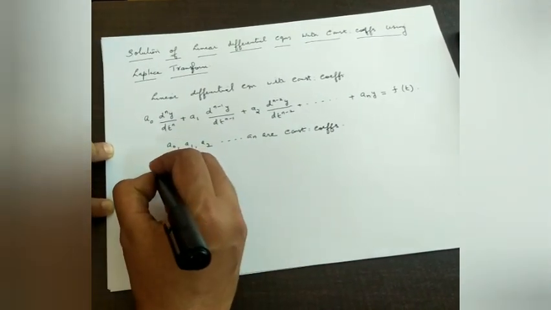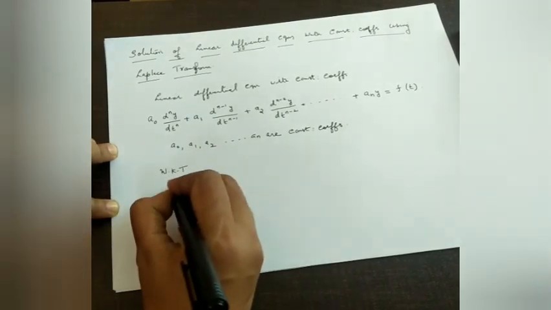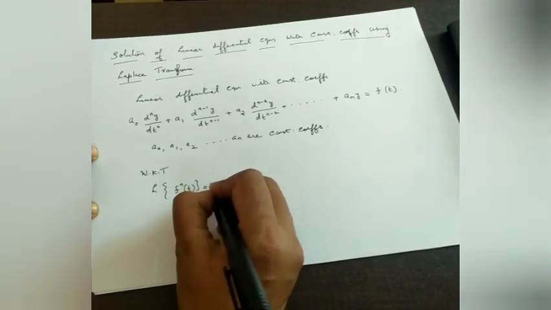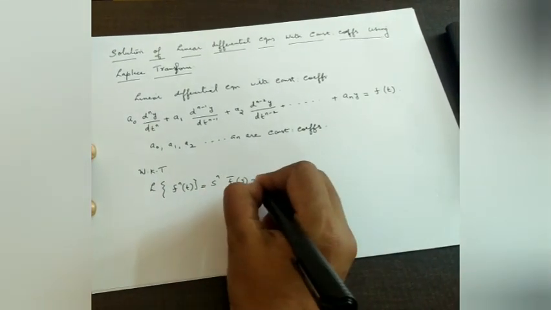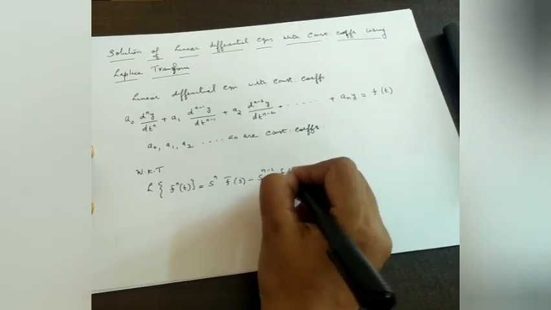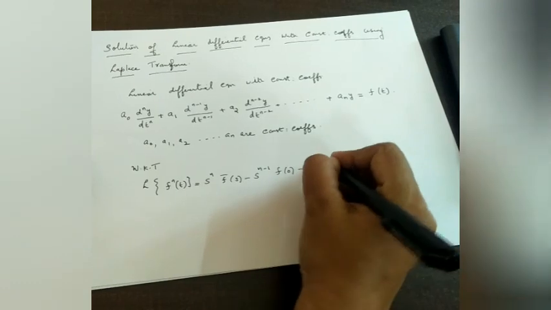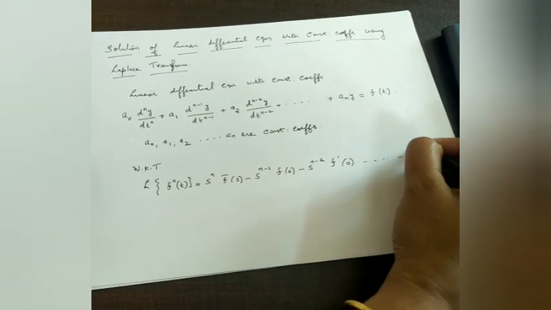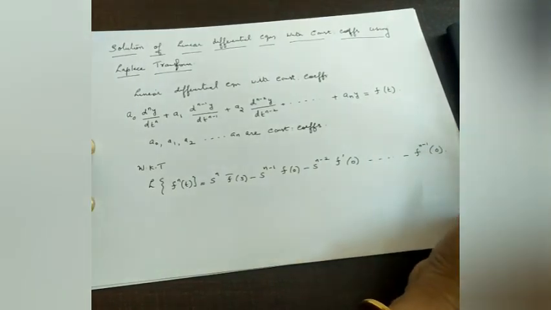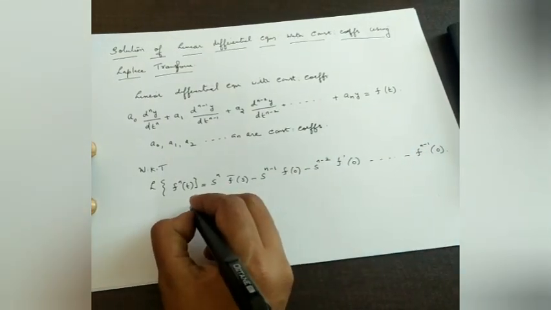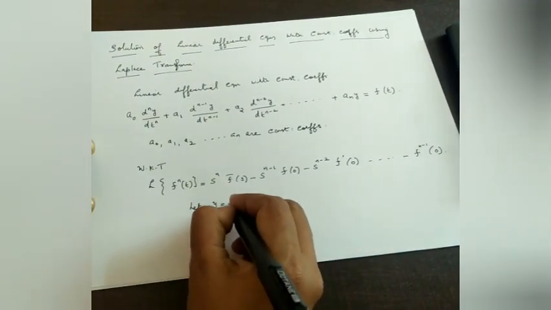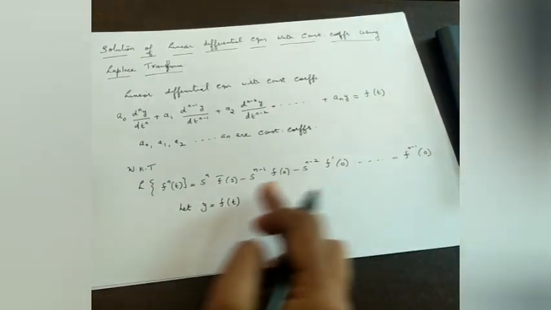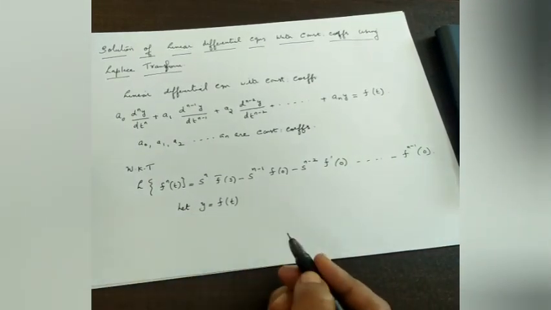For that we apply the formula: Laplace transform of f^n(t) equals s raised to n f bar s minus s raised to n minus 1 f of 0 minus s raised to n minus 2 f dash 0 minus etc. minus the n minus 1th derivative of f at the point 0. Here we will take y is equal to a function of t for this case. Here already we have proved this formula in the previous part.